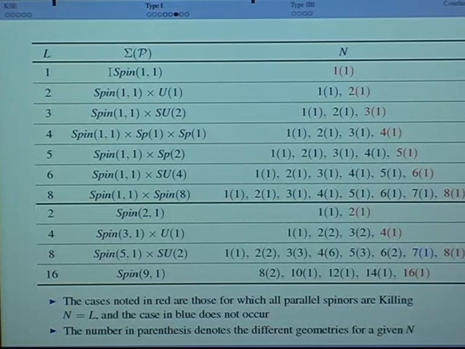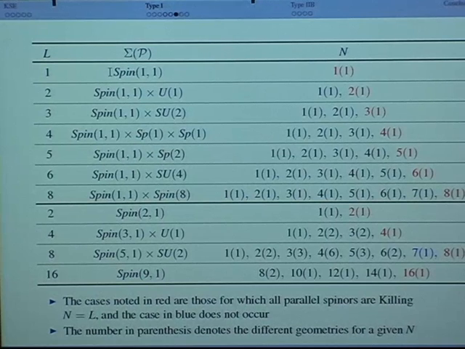So here, again, on the left is the number of parallel spinors in each case. Here is the list of the Sigma groups, and here are the possibilities that occur. Of course, if we have one spinor, then that's one possibility.